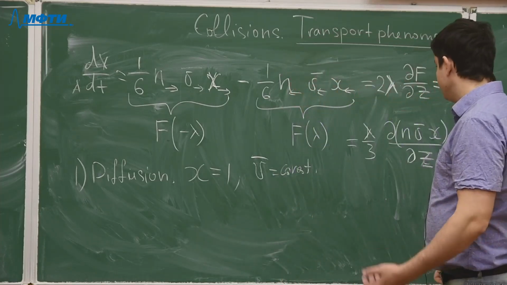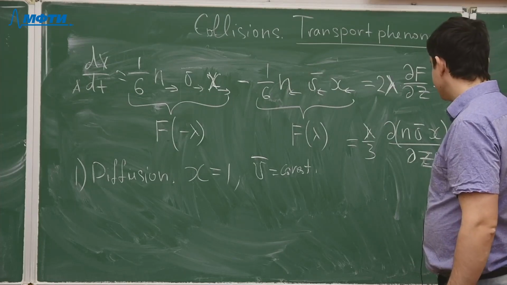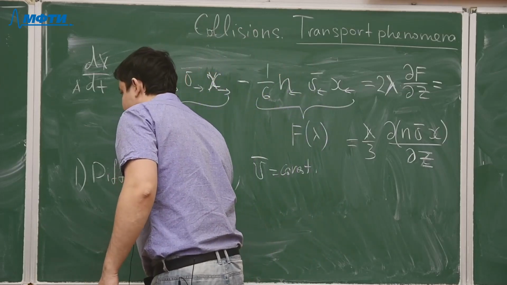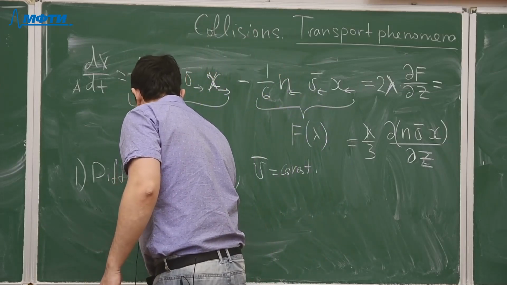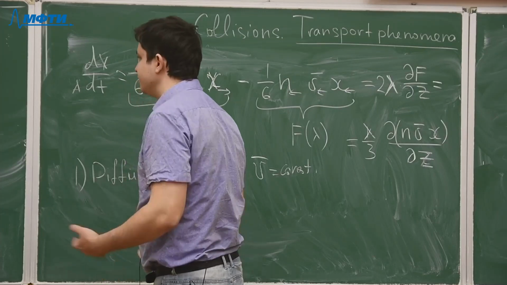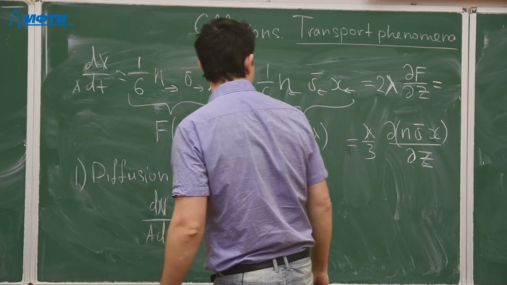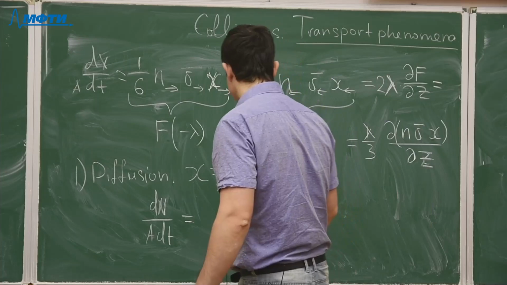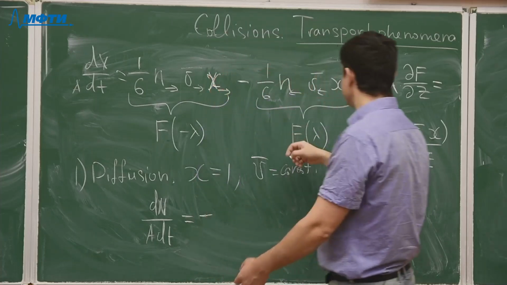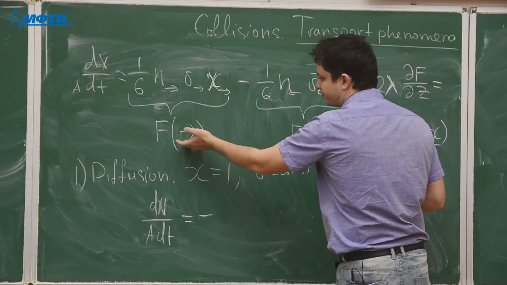So once I do all of that, I get that dN over A dt, where N is actually my capital X, the flow of the molecules, equals minus, okay, I also have minus here because again, I subtract the function with larger argument from the function with lower argument.